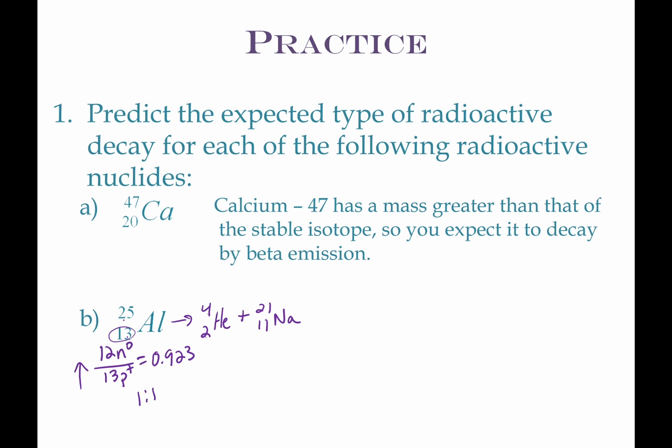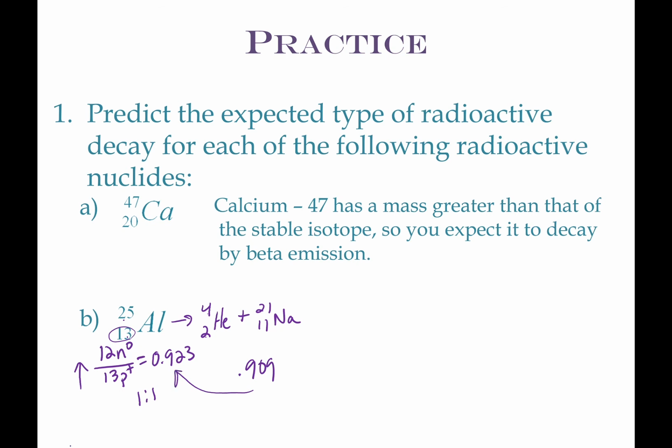So 21 minus 11 is 10, right? So now we have 10 neutrons and 11 protons. 10 divided by 11 is 0.909. Well, that went down, right? A lot. The 0.909 ratio went down quite a bit.